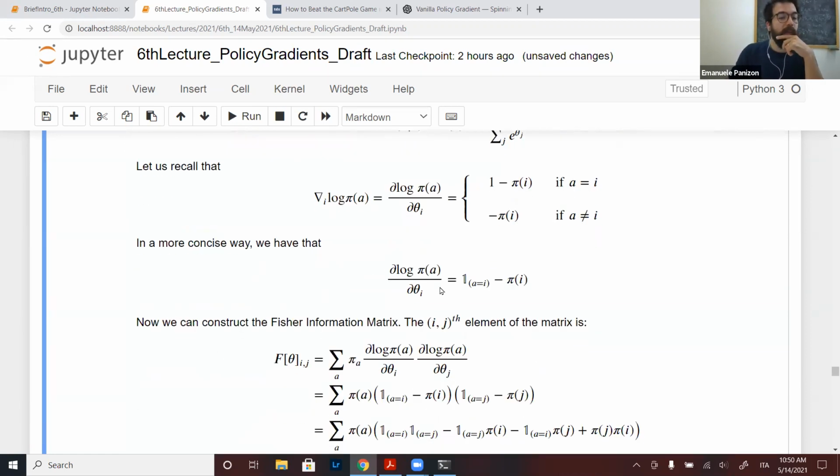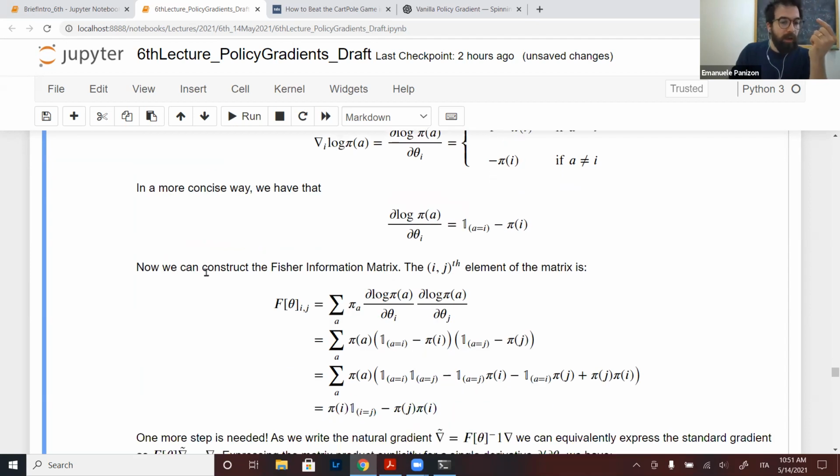We can write this in a more concise way: the derivative of log π with respect to θi is equal to 1, but only if a equals i, minus πi.